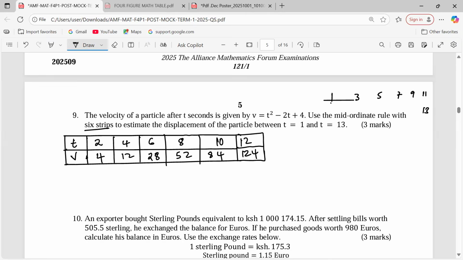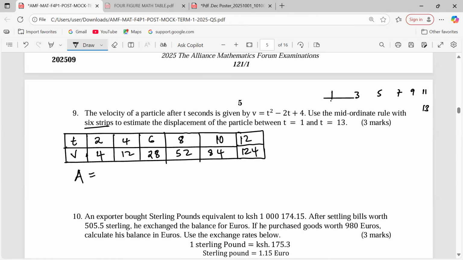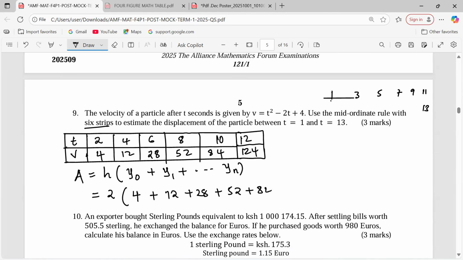Then now we will talk about area given by interval into the first ordinate, the second ordinate, all the way up to the last ordinate. So h is the interval, and we are using intervals of 2. Then the first height plus 12 plus 28 plus 52 plus 84 plus 124.